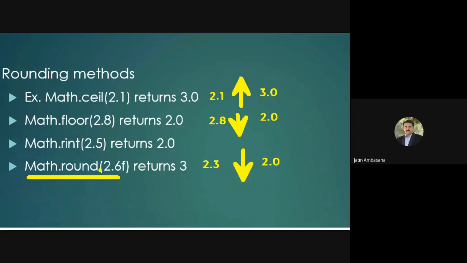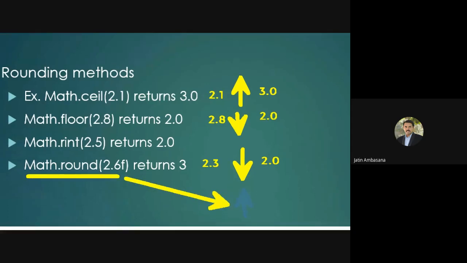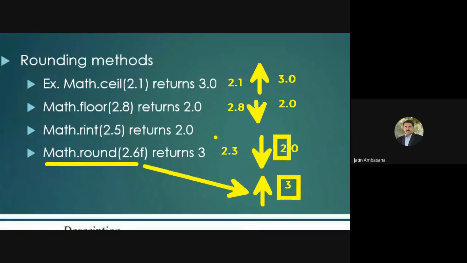But when you say round of 2.6, that returns the incremented value and gives you the result 3.0. So it rounds it. Here it rounds to 2, and here it rounds to 3. That's the difference.